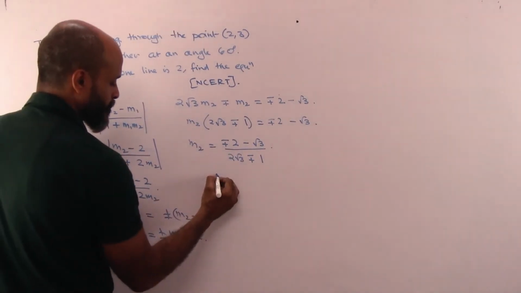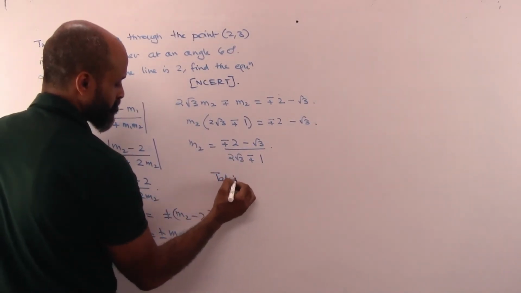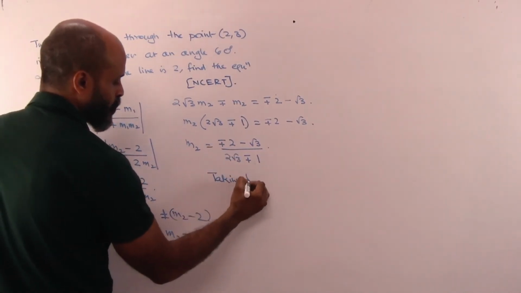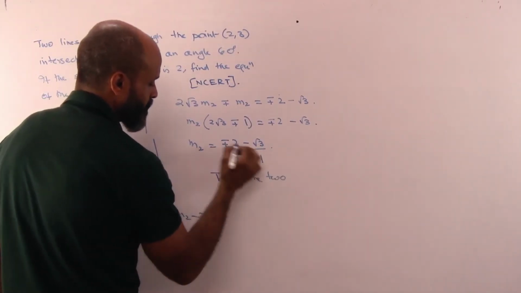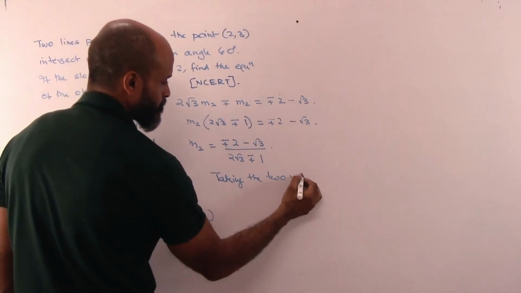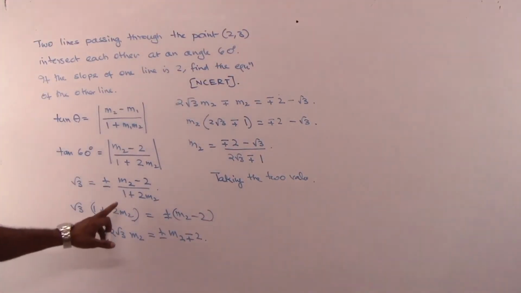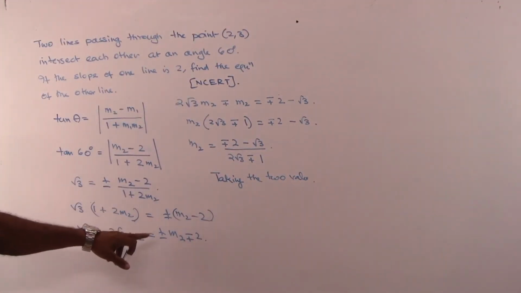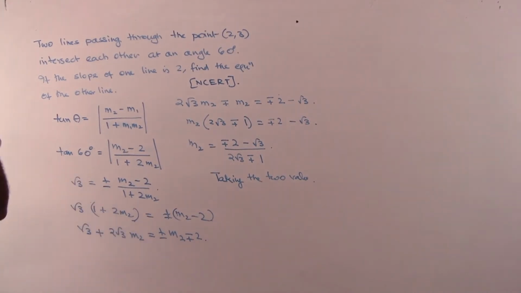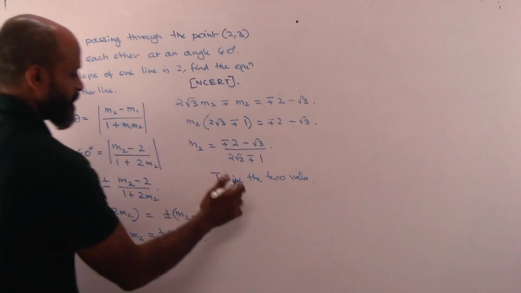Okay. So let's say taking the two values. So here we will have two values once we take the minus. Okay. So here we have plus minus m2. Okay, let me just check. Okay. So here we have two values.